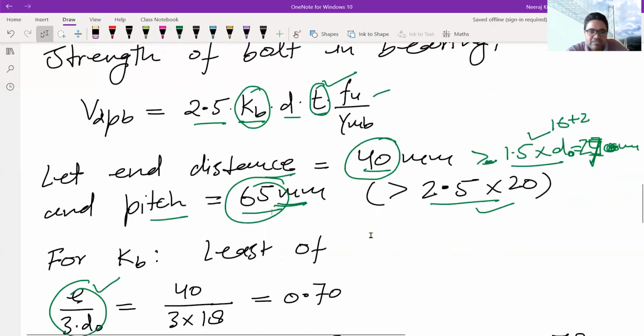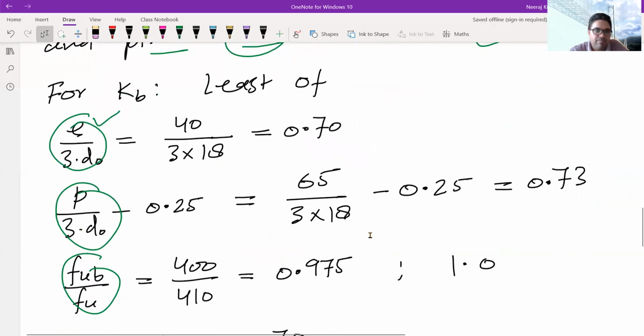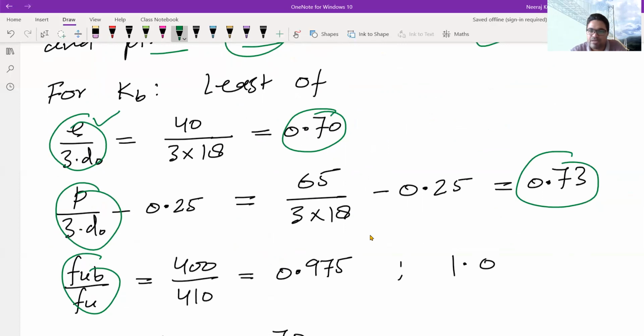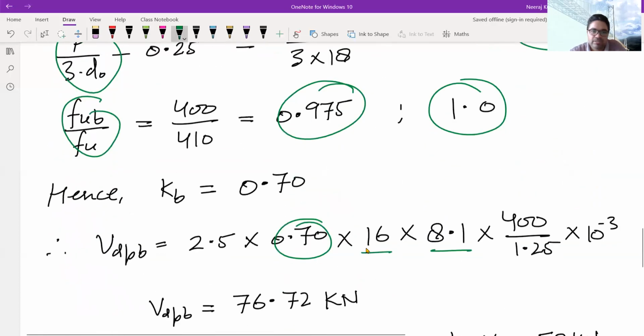After putting these values in the kb parameters, we will be able to find out the value of kb, and the second, third and fourth values. Among them, the least value is 0.7. After putting this value in the formula, we find the bearing strength of the bolt.